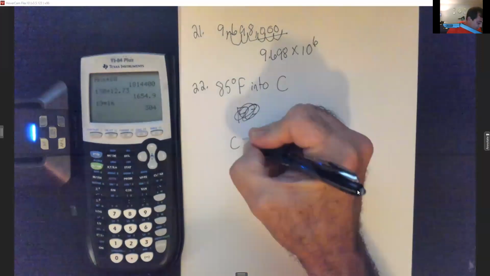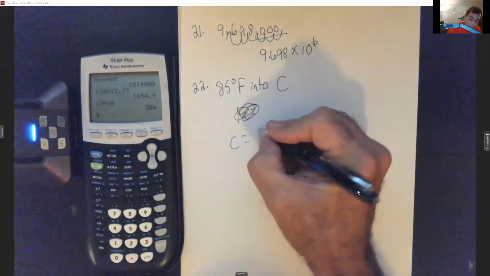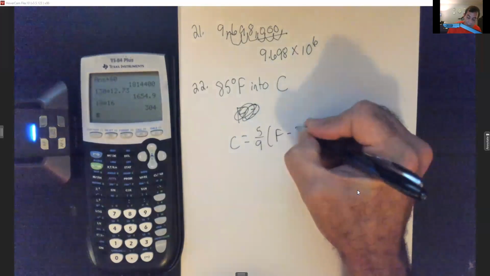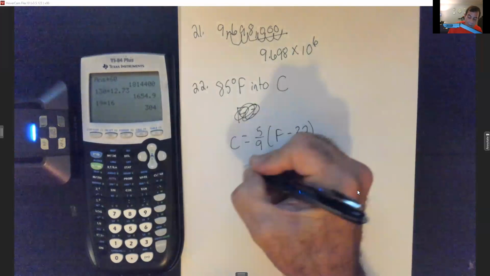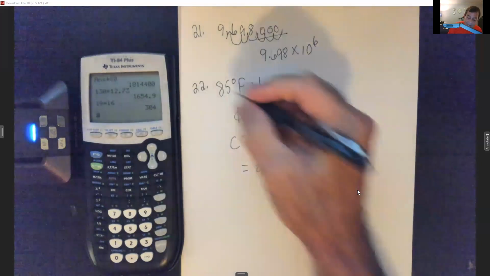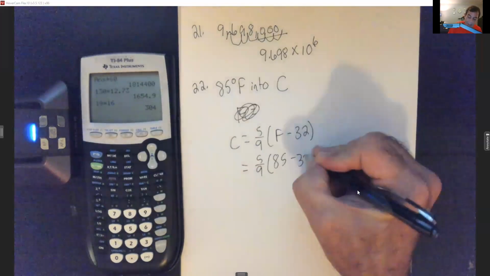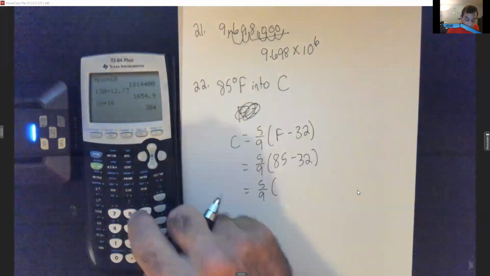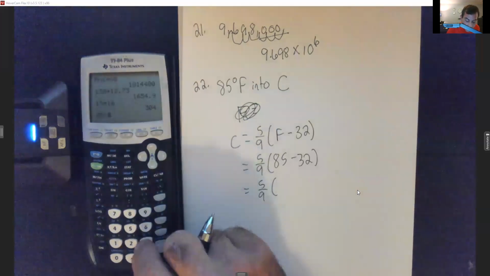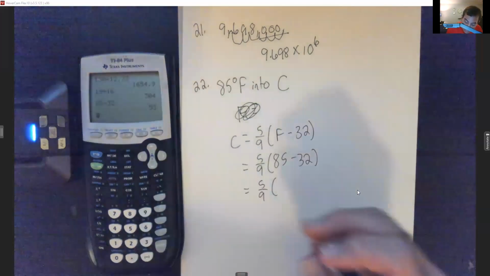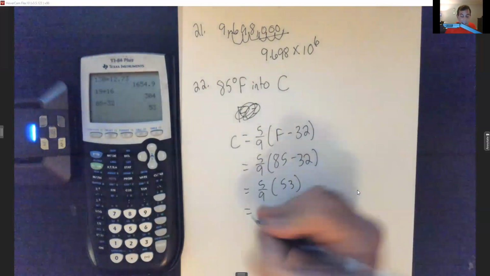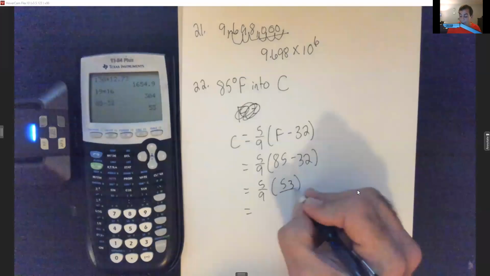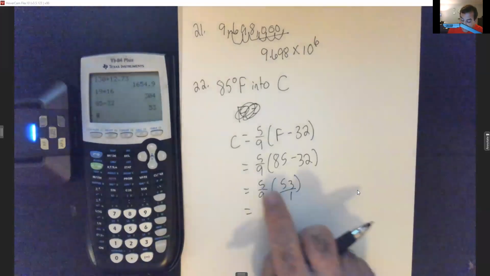All right, so we know that C equals 5 over 9 times F minus 32. So 5 over 9, F is 85 minus my 32. So that'll be 5 over 9 times 85 minus 32, which is 53. So y'all, all you got to do now, and you can even do it this way. If you don't want to divide that first, you can multiply the 5 times 53.